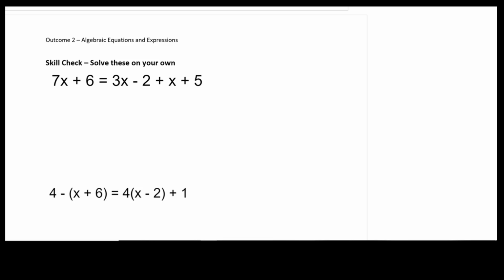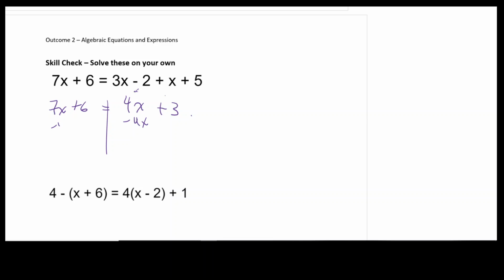Okay, so you've tried these on your own. I'm going to work through them now. Plus 3, sorry. So I'm going to combine like terms on the right side because it had more than 2 terms. So 3x plus 1x is 4x, negative 2 and positive 5 is 3. Now I've got an equation with x on both sides.